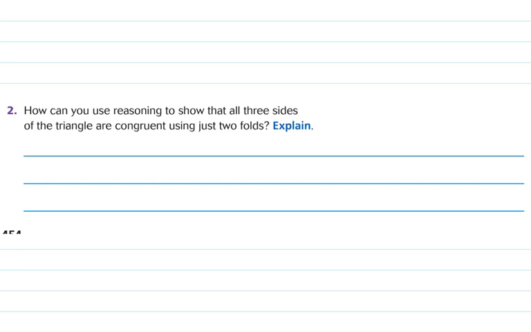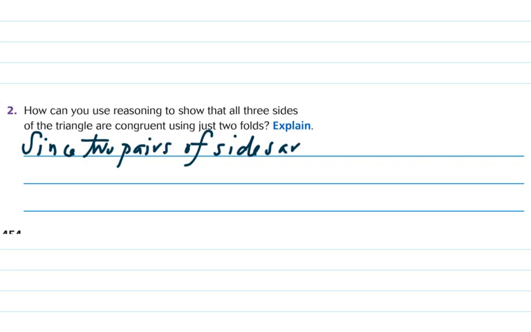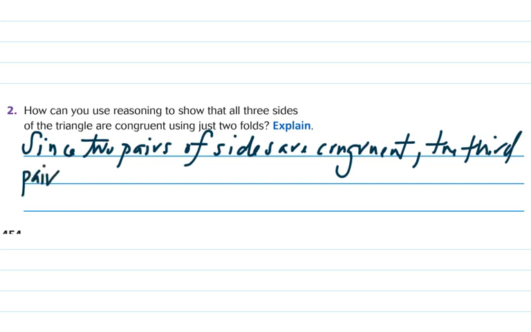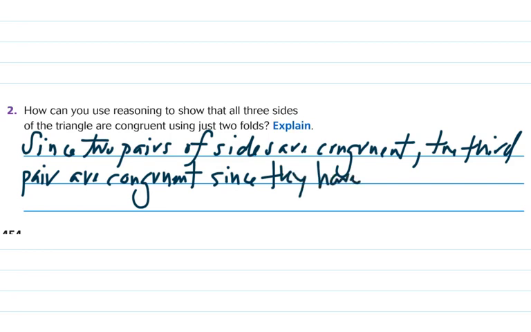So what we can say, boys and girls, is since 2 pairs of sides are congruent, the third pair are congruent, since they have related sides.